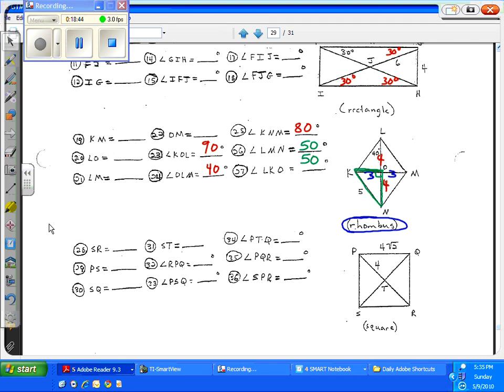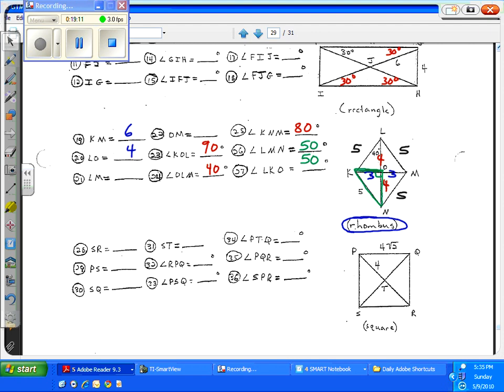Okay, let's answer the questions about the sides. We knew that the diagonals bisect each other, so that's true, and the sides are all equal on a rhombus, so all of these are 5s is true. So KM, the diagonal, if 1/2 is 3, then the whole thing is 6.